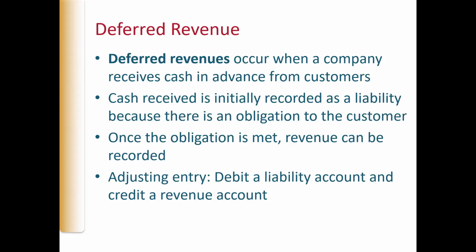So when we initially get the cash, we show it as a liability. But once we have done the service, we can adjust our books to show that we debit that liability account and we then get to credit the revenue account. So we reduce our liability and we increase our revenue.